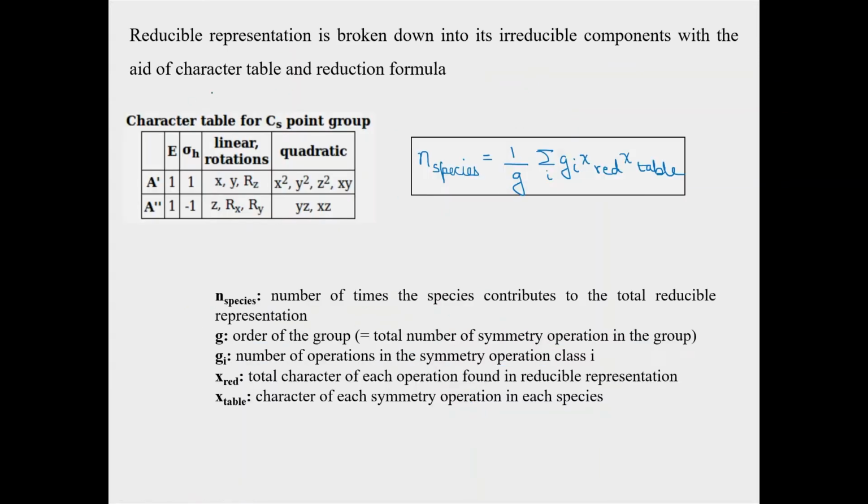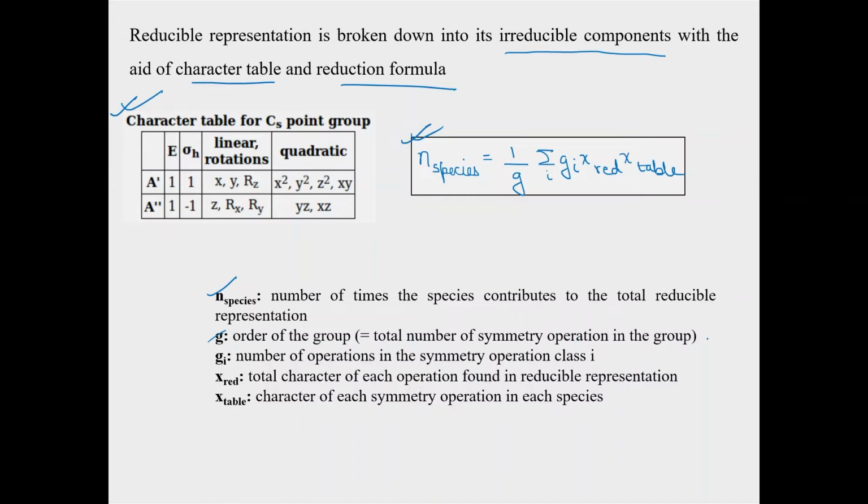Next, the reducible representation is broken down into its irreducible components with the aid of the character table and the reduction formula. So this is the character table for the Cs point group, and the reduction formula is this, where n species is equal to 1 by g, summation over i, gi chi reducible times chi table, where n species stands for the number of times the species contributes to the total reducible representation. g stands for the order of the group, which is equal to the total number of symmetry operations in the group.